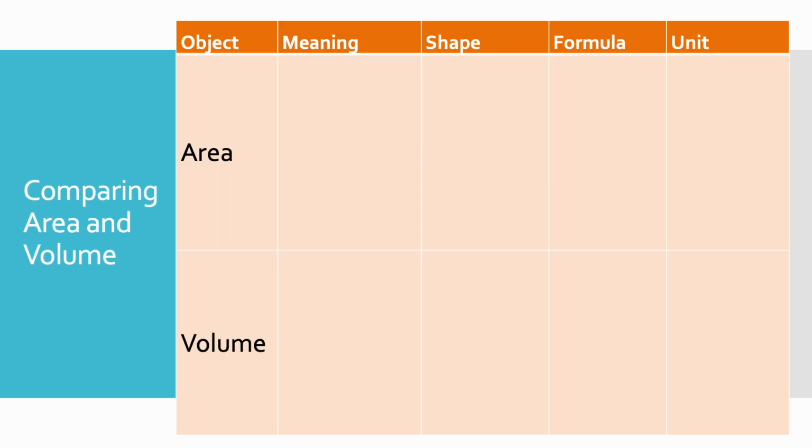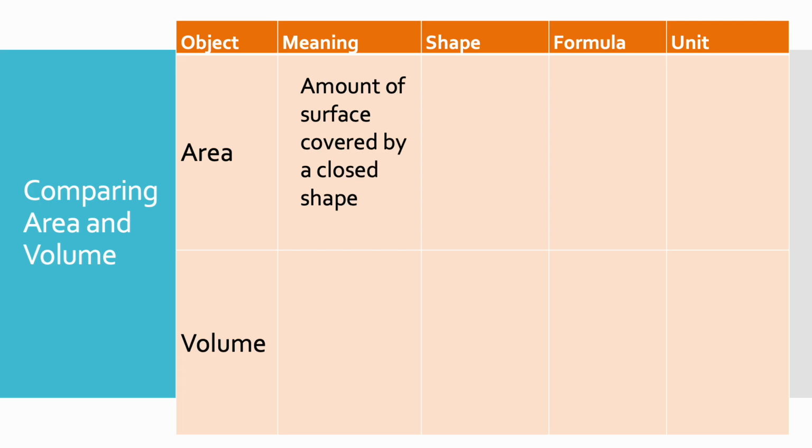Let's compare area and volume. Area is the amount of surface covered by a two-dimensional shape like a square or rectangle. It's measured in square units. Now see, this is the definition: amount of surface covered by a closed shape. Volume is the amount of space occupied by an object.